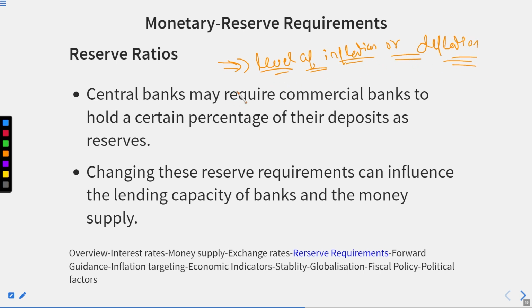If there is inflation, the central bank will try to cut the money supply, so they increase the CRR and the SLR. If it increases, more amount has to be kept as a reserve, which ultimately reduces the bank's capacity to lend out loans.